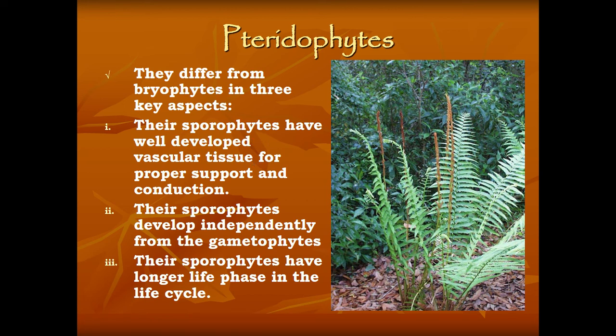The sporophyte develops independently from the gametophyte, because in bryophytes, the sporophyte depends on the female gametophyte. In pteridophytes, the sporophytes have a longer life phase in the life cycle compared to bryophytes.